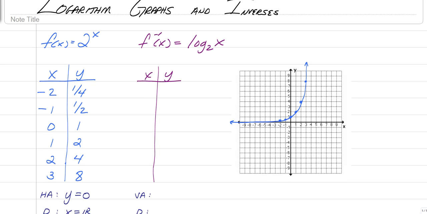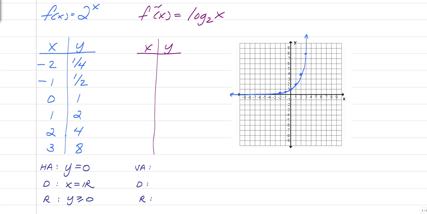So to help you understand what a logarithm is, remember we talked about the fact that logs are inverses of exponential type equations. So if f of x is equal to 2 to the x power, the inverse of that is log base 2 of x.